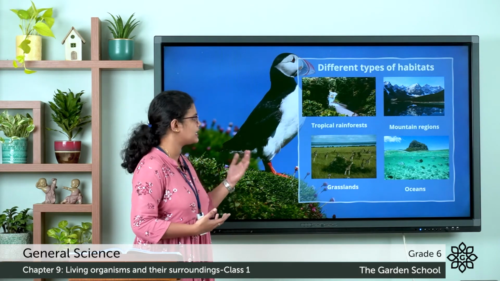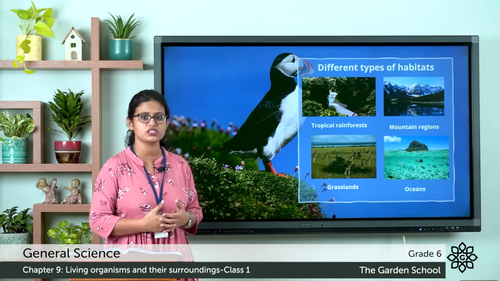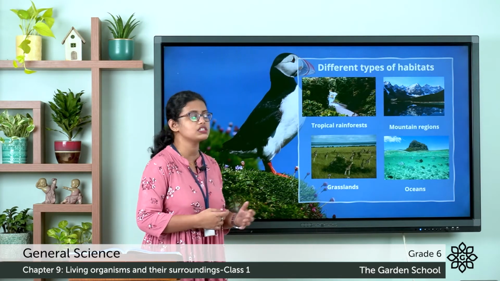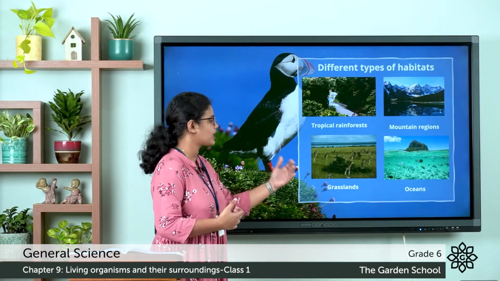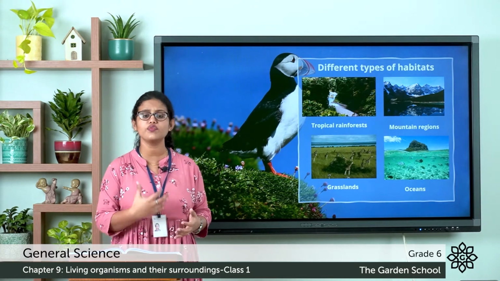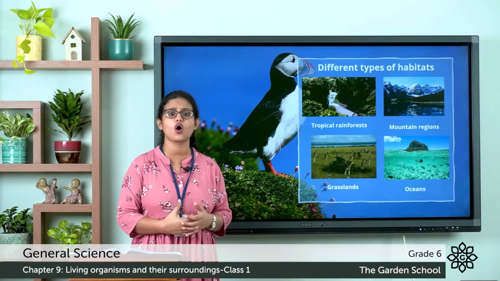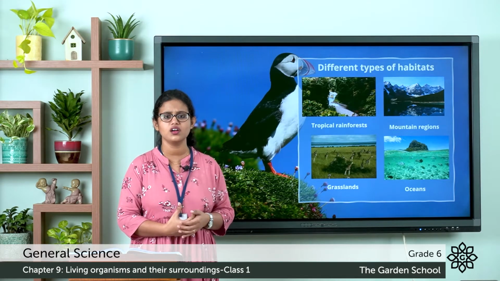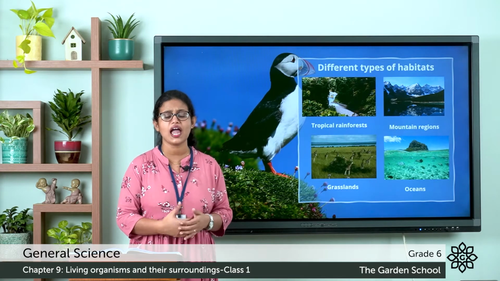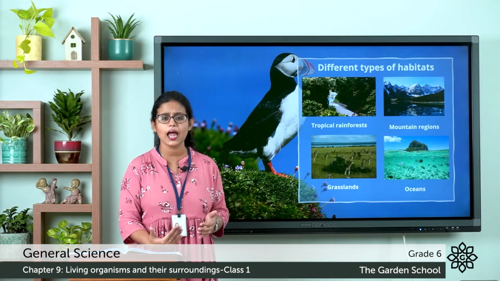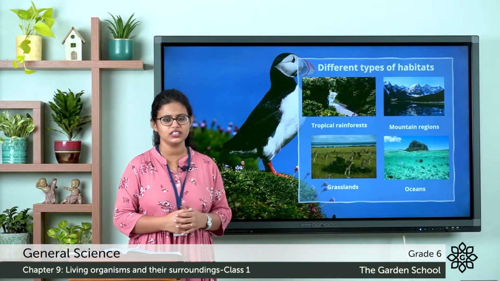There are animals that live in tropical rainforest, in mountain regions, in grasslands, and in oceans. So, there are different types of habitats on earth. Habitats provide food, water, shelter and the right kind of environment.